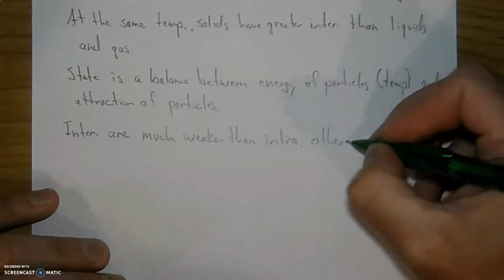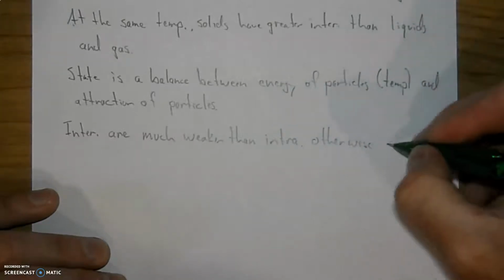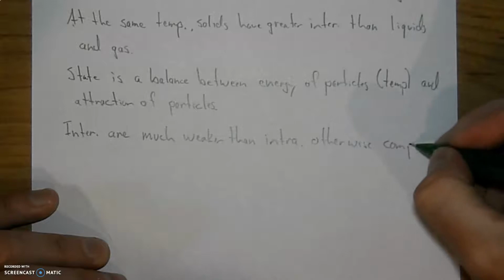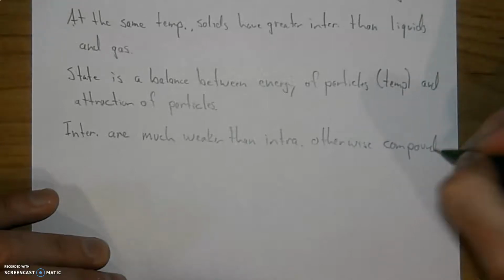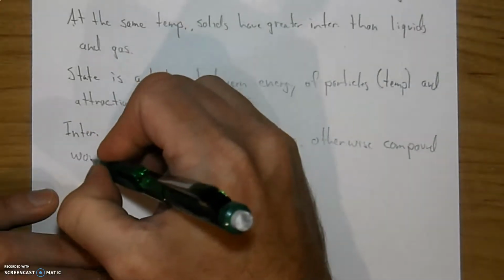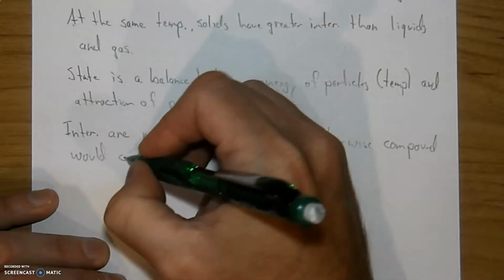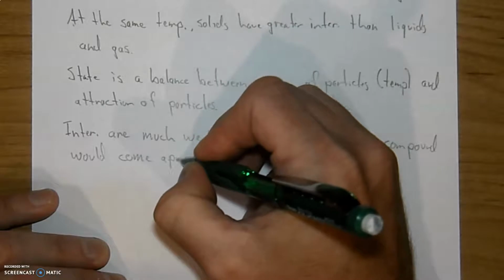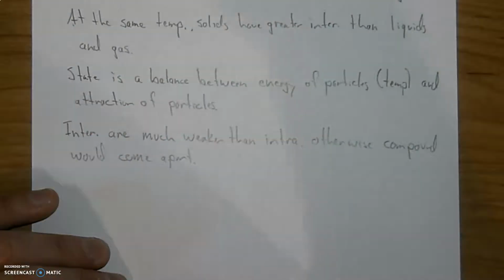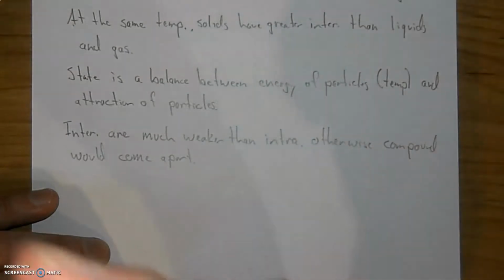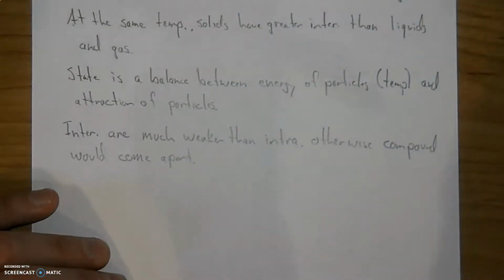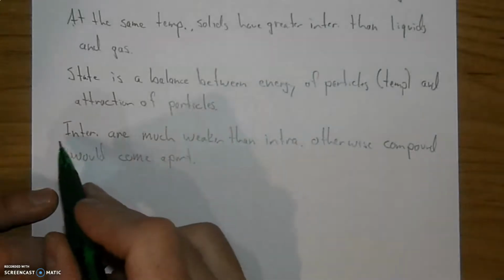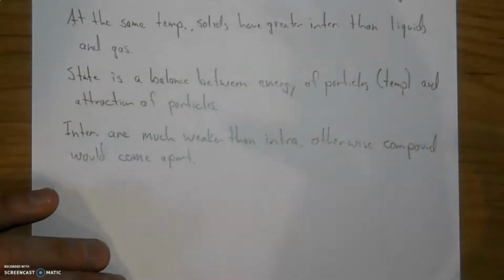Otherwise, the compound would simply come apart. If the inters are stronger, then that's going to pull the molecule apart. Water molecules will stay together unless something more powerful comes along in inter and pulls the water molecule apart.